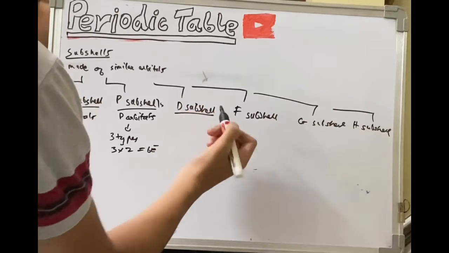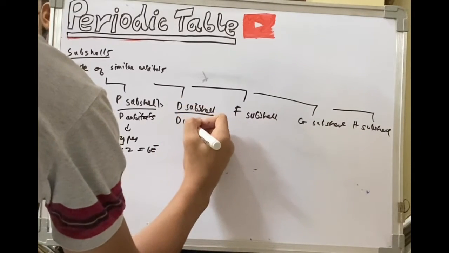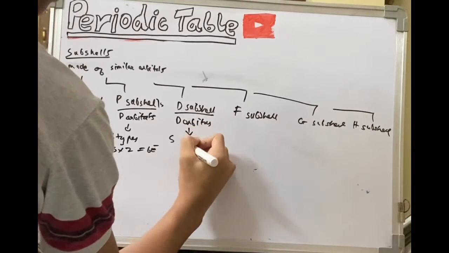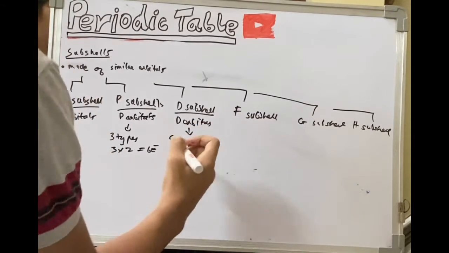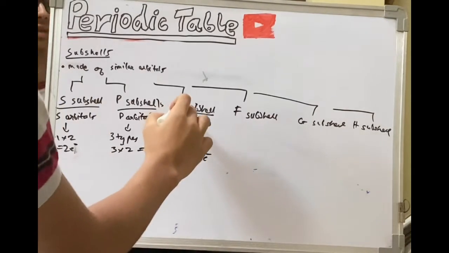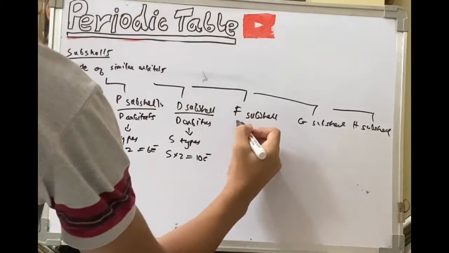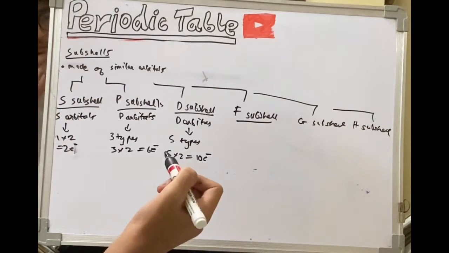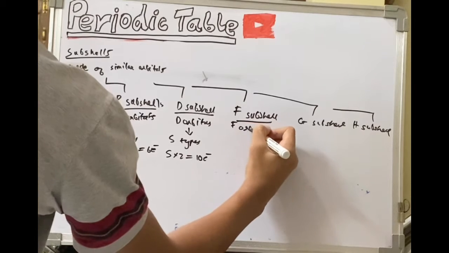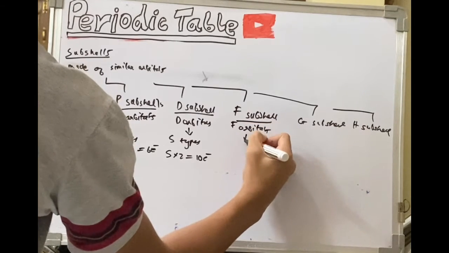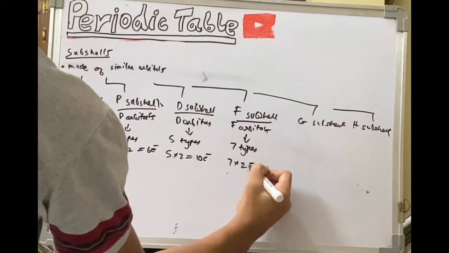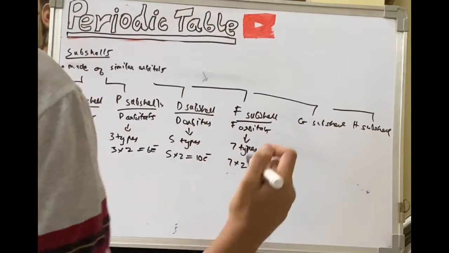On the D subshell, the D orbitals come in 5 types, as we studied before, so it will be 5 into 2, 10 electrons. Maximum it can carry 10 electrons. Now for the F subshell, similarly, there are 7 types, so it will be 7 into 2, 14 electrons.